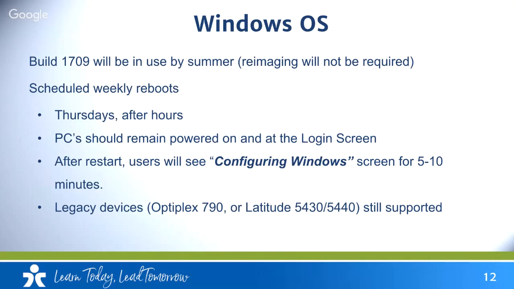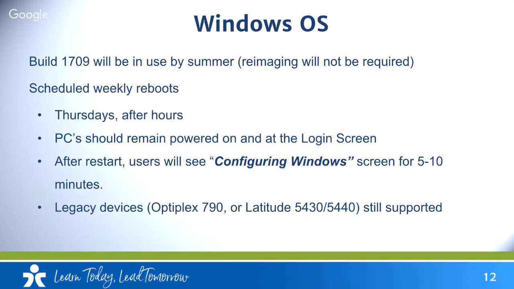We're going to ask that PCs remain powered on at the login screen, probably plugged in to Ethernet. I haven't really verified that, but my guess is if it's a laptop at the login screen, it's not going to have a connection to wireless at this point. And after the restart, users will see a configuring window screen for at times 5 to 10 minutes.